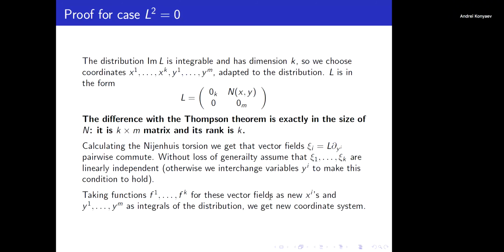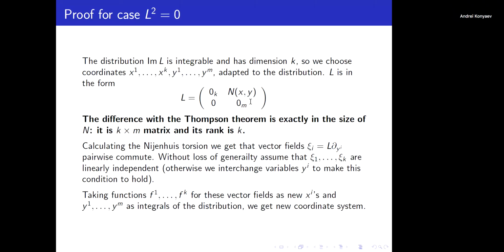The proof goes exactly like the first part of our proof of Thompson's theorem, but we'll see the difference. The distribution is integrable, so we take an adapted coordinate system and we get the following matrix. But you see the difference here, it's crucial. It's what I tried to explain earlier, right?